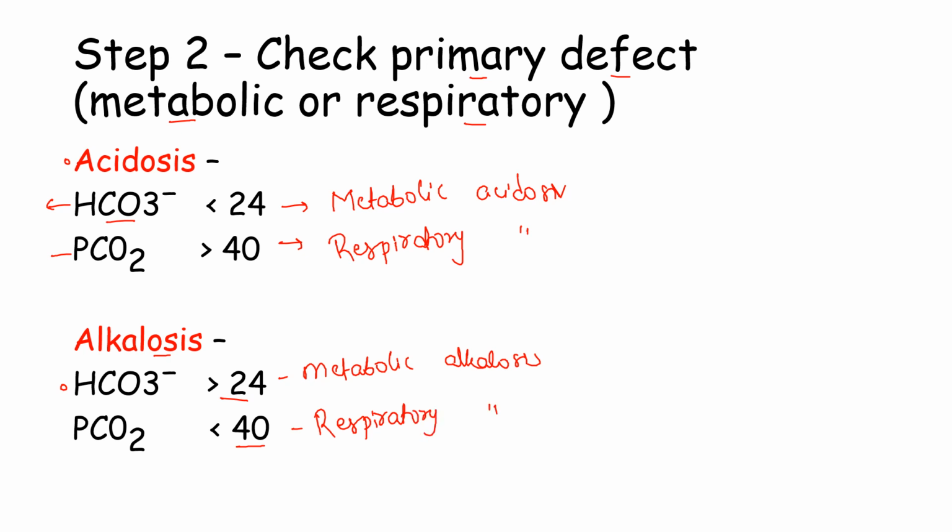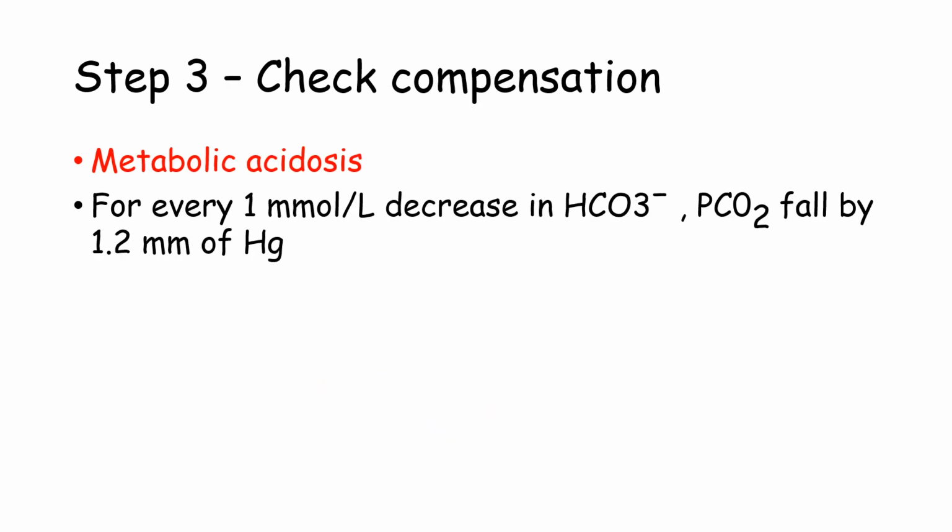So till this step we came to know whether it is acidosis or alkalosis and what kind of defect it is, whether metabolic or respiratory. Once it is done, we need to know whether there is compensation or not. It means that if there is a defect in the metabolic part, then the respiratory part will compensate, and vice versa. We will be discussing each compensation one by one.